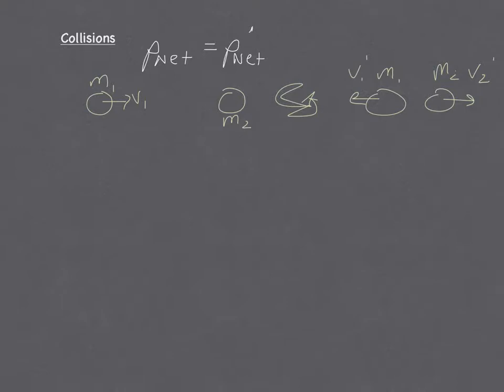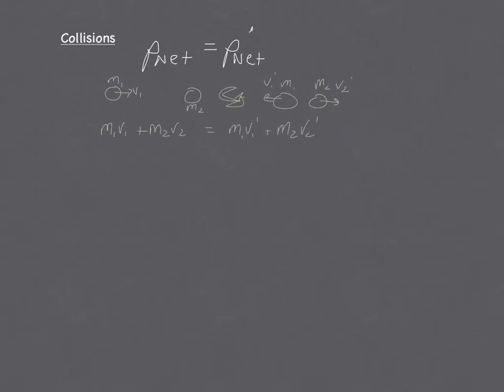So we net up the momentum of the first two objects, m1 v1 plus m2 v2, whatever those values are, whether it's 0 or moving to the left, which would be negative. That's the total momentum before the collision, and it has to equal the total momentum after the collision. I think we called this the bouncy situation last year.